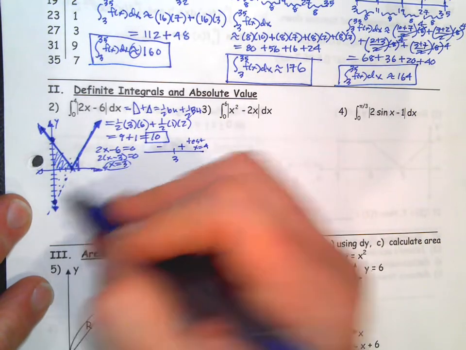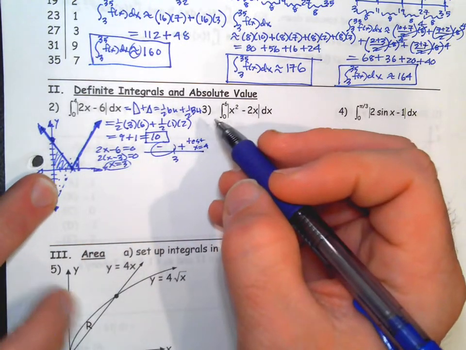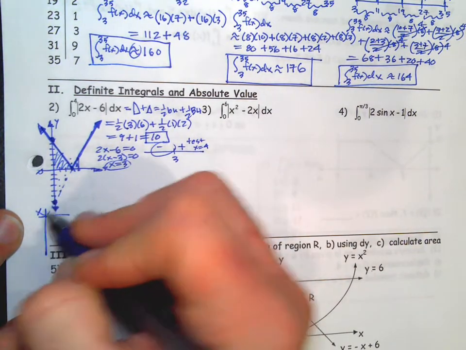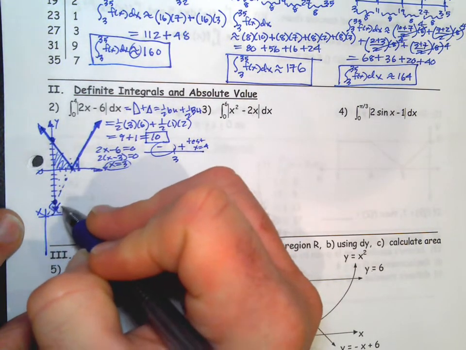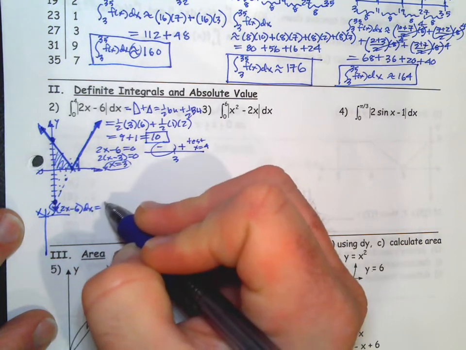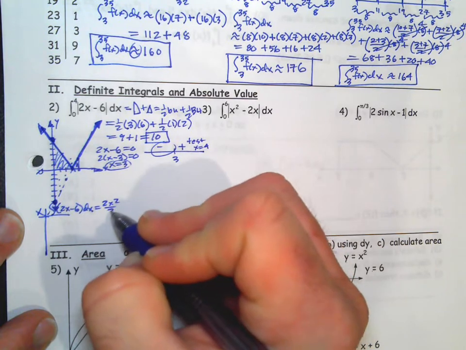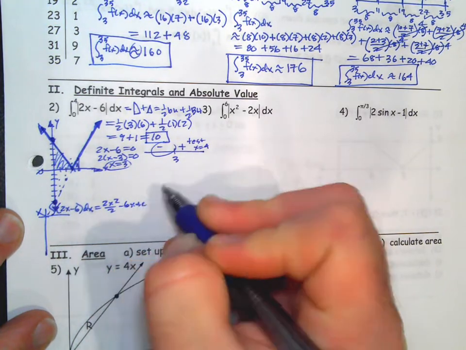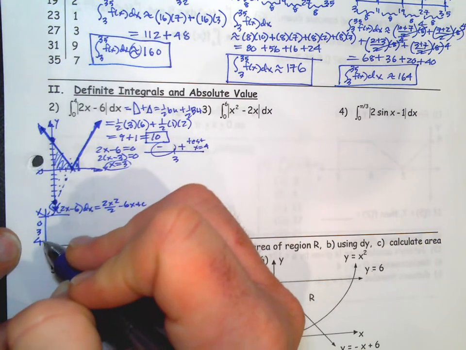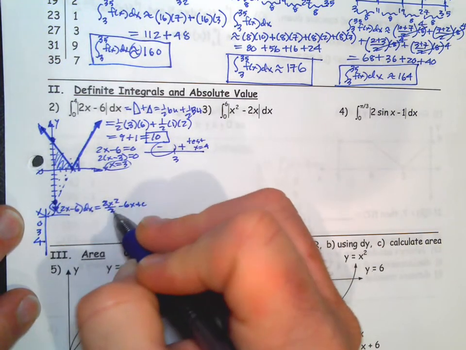There's the negative part down here, so we've got to fix it. So we could do a table using this information. We've got to integrate what was inside the absolute value without the absolute value. So this is going to be 2x squared over 2 minus 6x plus c. Don't need that. We plug in 0, 3, and 4. Plug 0 in here and you get 0.